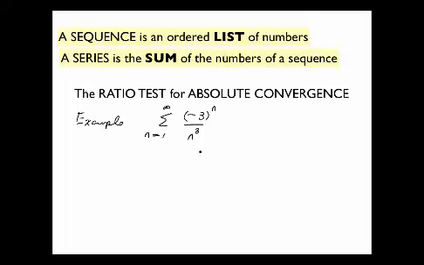Okay, negative 3 to the n over n cubed. So the ratio test would be to look at that sequence, right? What is a_n? That's the a_n term of the sequence.